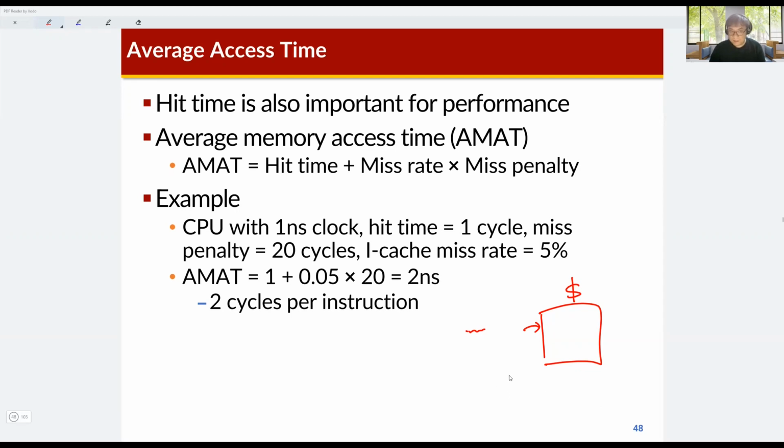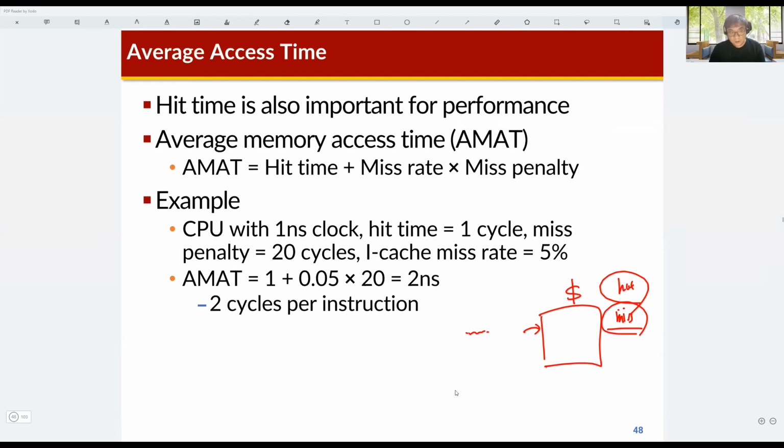But there are two possible cases for these cache accesses, the hit case and the miss case. We already learned that for the hit case, the clock cycles are not wasted, but for the miss case, the clock cycles are wasted.